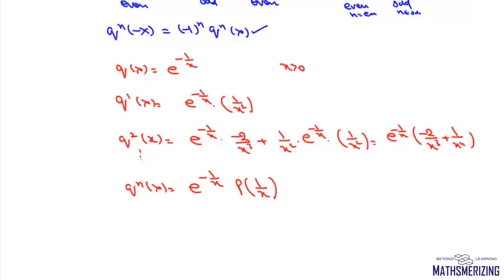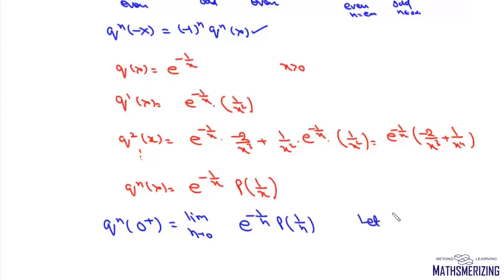Now if we have to find q^(n)(0) positive, it will be this limit: h tends to 0, e to the power -1/h times P(1/h).